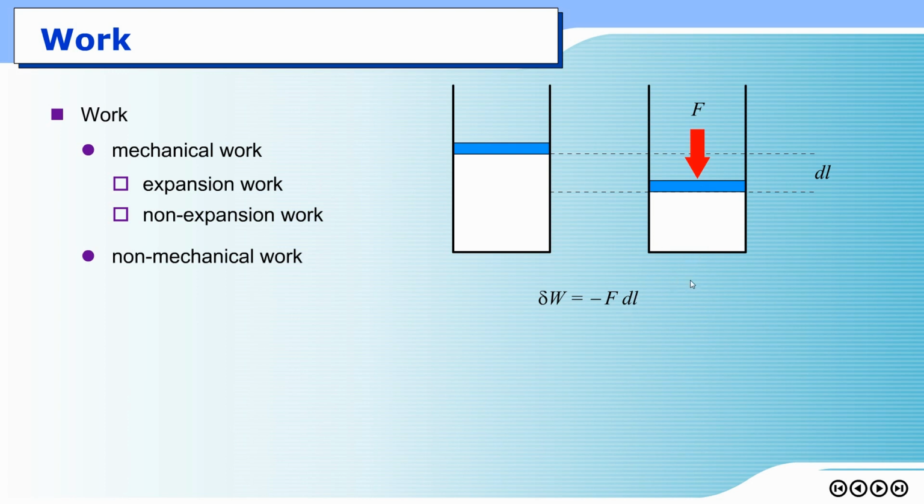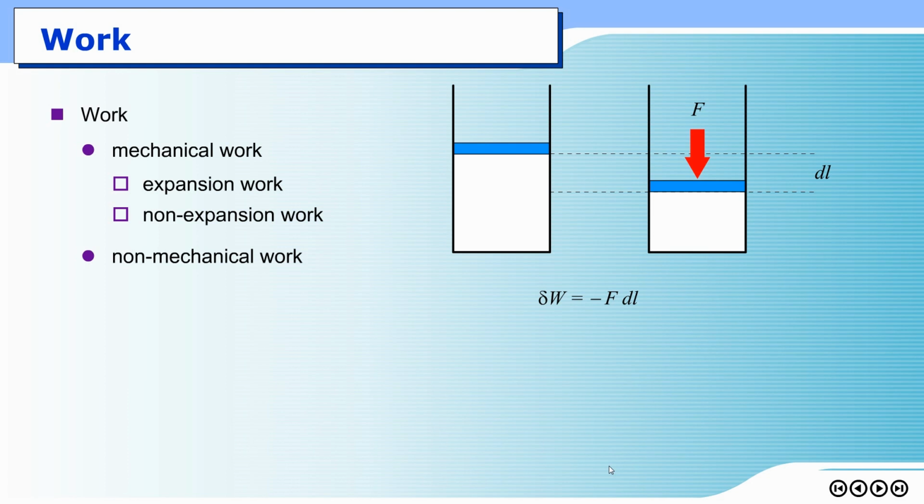However, if you look at the system itself, the system is compressed. The piston is moved inward. So with respect to the system, dl has a negative sign because it moves inward into the system. So dl is negative, force is positive. Therefore, in order to get work to be positive as the notation stated, we need to put a negative sign here, just to make sure that both sides share the same sign.